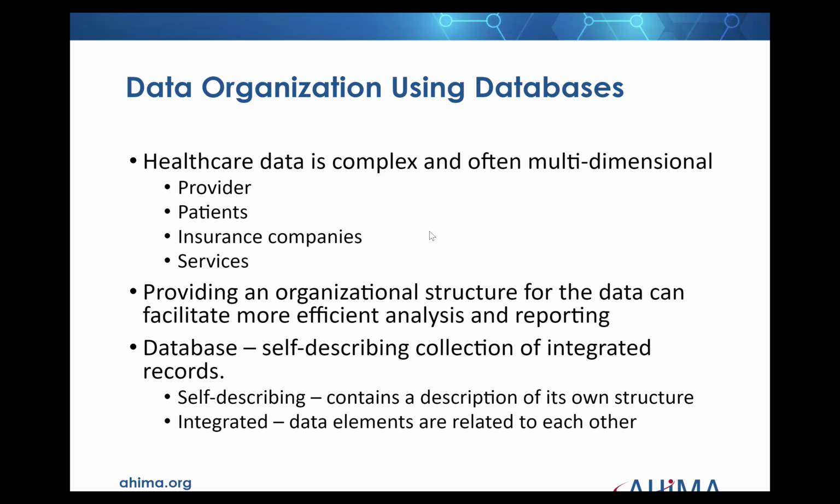So it gives us a certain amount of baseline data on a patient. Then we look up the patient's medical record number. Databases do this now electronically. So we're basically getting this collection of data, as it says here, integrated records.